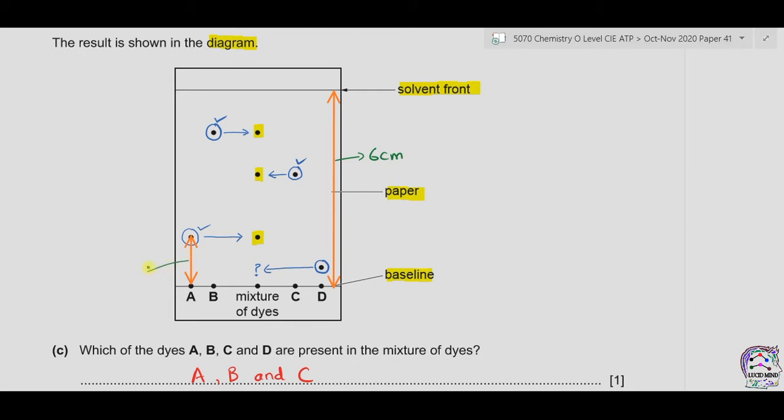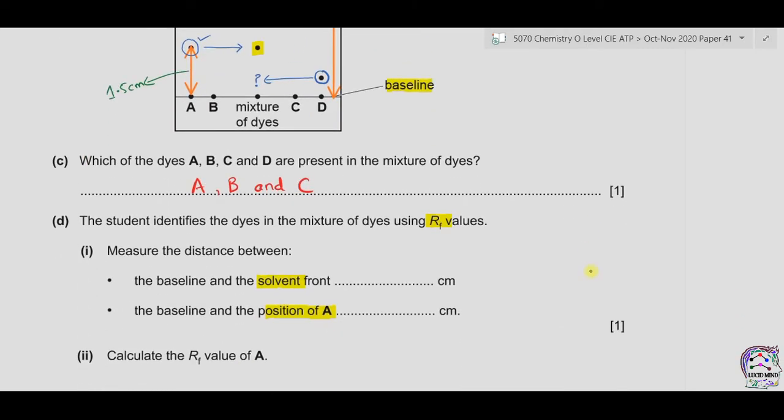This is the distance that is traveled by component A and it is about 1.5 centimeters. So with the solvent front we can write 6 centimeters and with position of A we can write 1.5 centimeters.